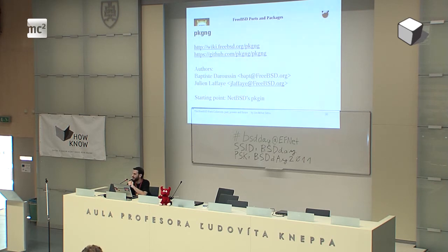So actually, in the end, the best way to go forward is to have this thing in the port system, and only have some, let's call it a bootstrap thing in the base system. So we're going to have a bootstrap in the base system, and then the actual tool is going to live in the ports, right?